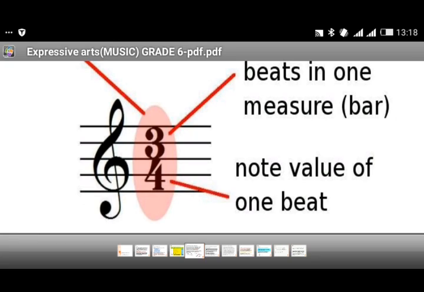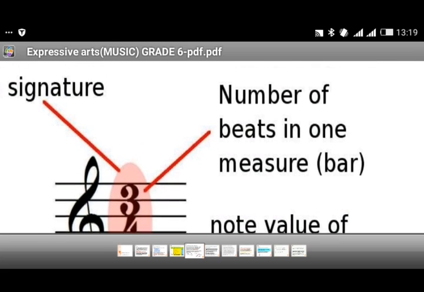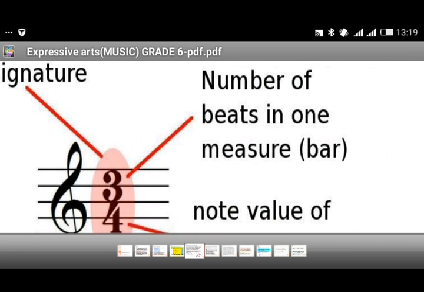Here you have this time signature 3/4. The number on top gives you the number of beats in one measure or bar.